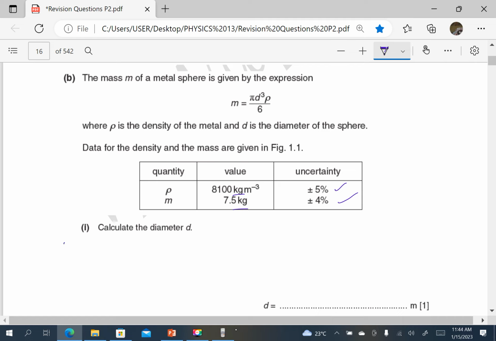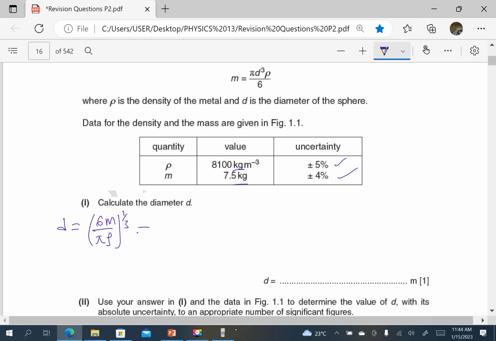Making it the subject, you see that d is going to be equal to the cube root of 6 times the mass over pi times rho. So this is power a third, cube root. When we substitute, this is 6 times the mass. The mass is 7.5 divided by pi times the density, which is 8100, and this is under cube root or power a third.